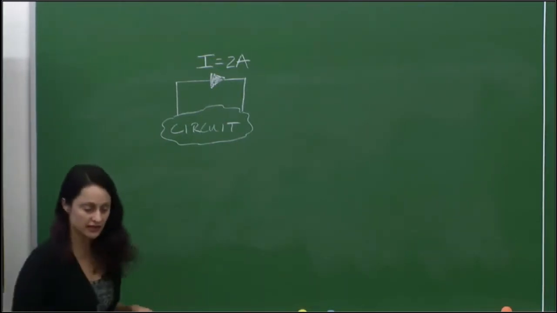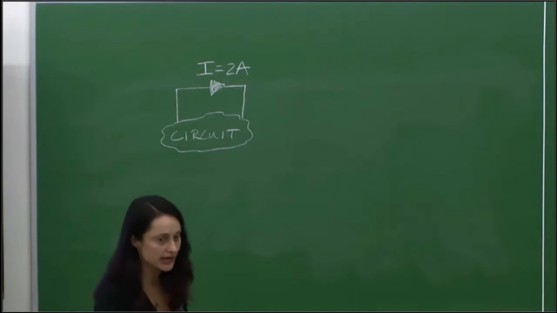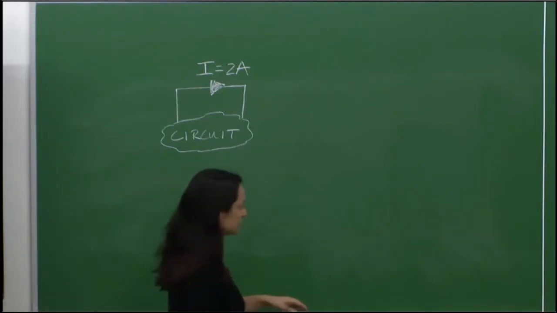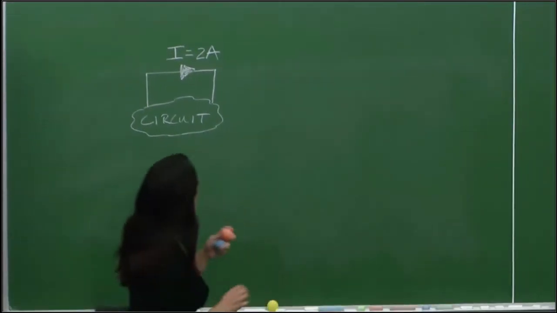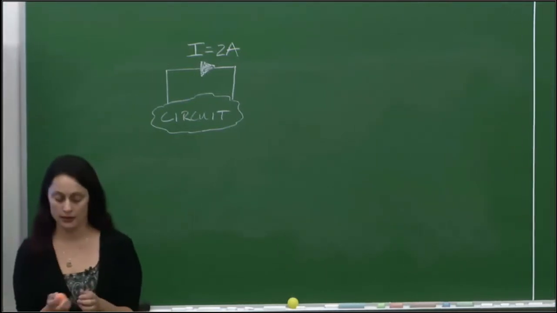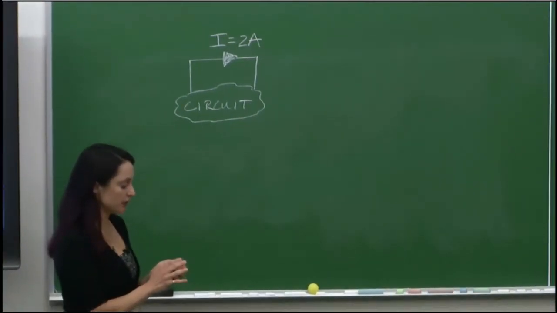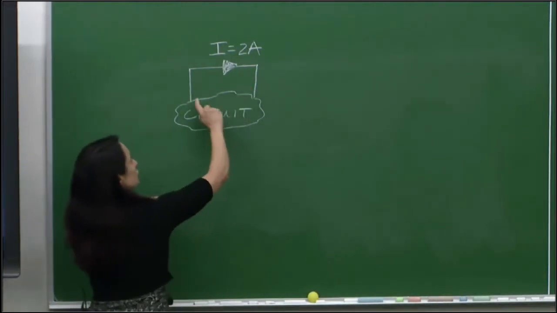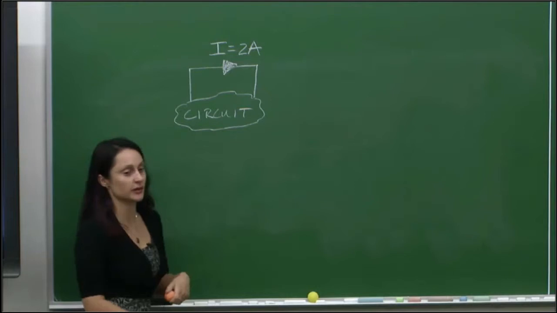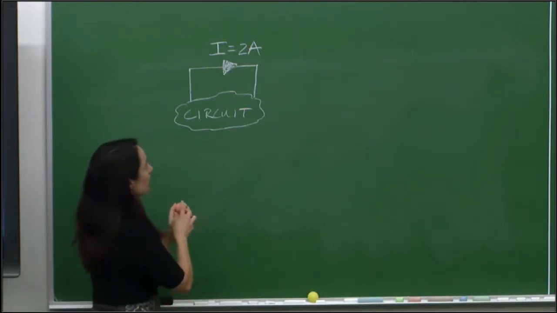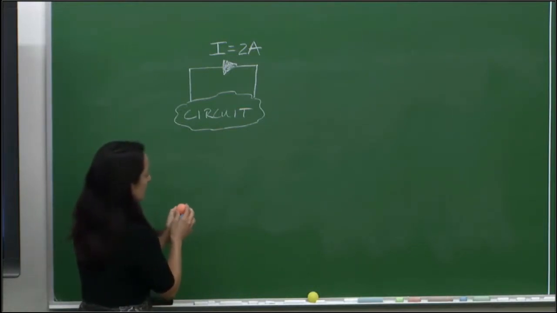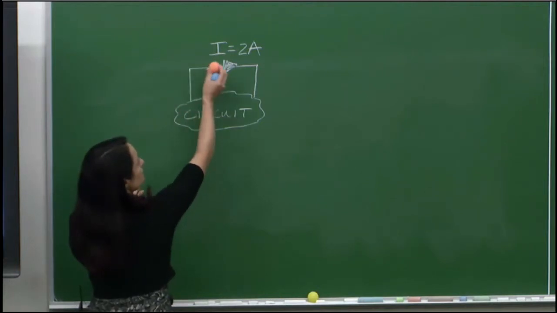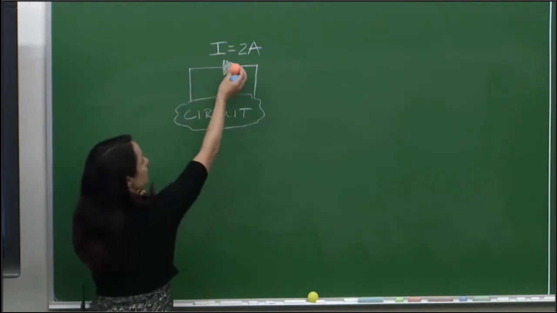So what the heck does that actually mean? Part of what I want you to get out of this as engineers is to know, okay, it's not just 2 amps, I solved the problem, we're done. What does that mean? Following our positive theory, it means that at any point along this wire, and we're assuming wires that have no resistance, they're magical conductors, for 2 amps there's 2 coulombs per second going from left to right through here at any snip along this wire.